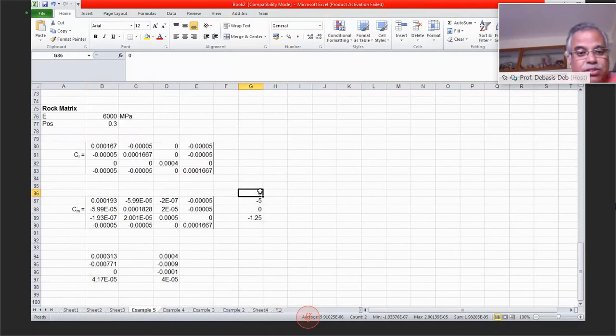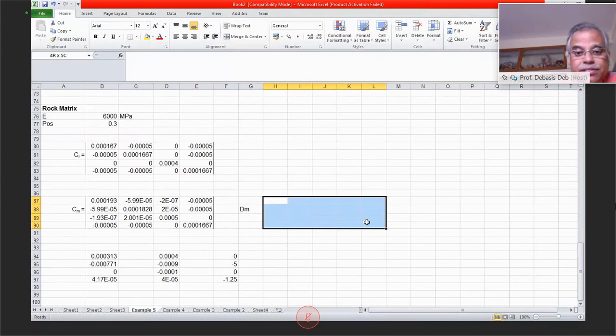Now if I invert it, that will give me DM. So let me do the inverse, M inverse.